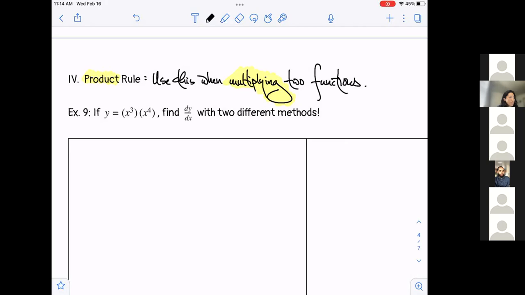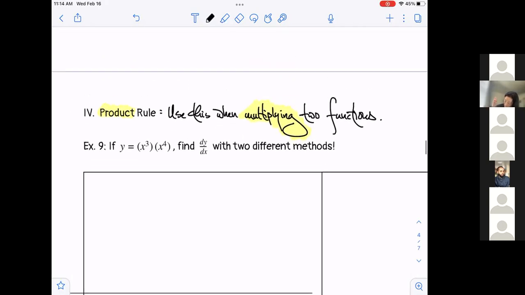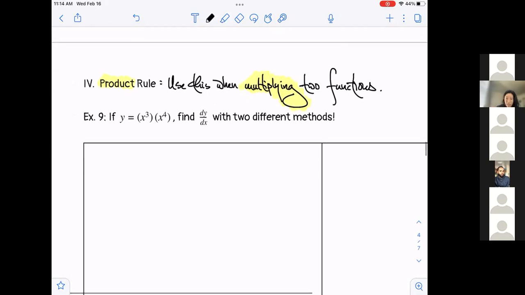All right. So we're going to take a look at example 9, and we're actually going to solve it in two different ways. We can actually do this problem without knowing the product rule, but we can also use it to practice this idea of the product rule. Okay.